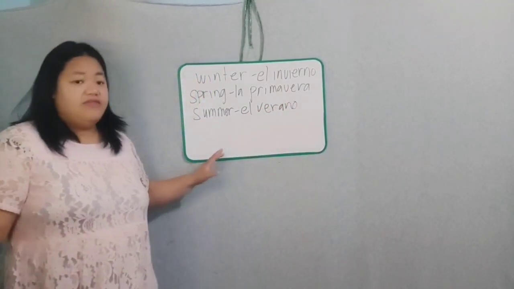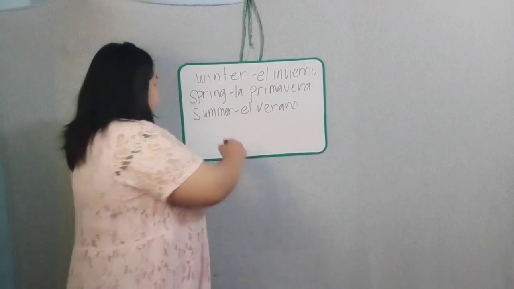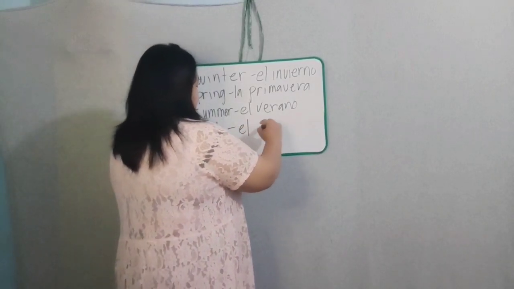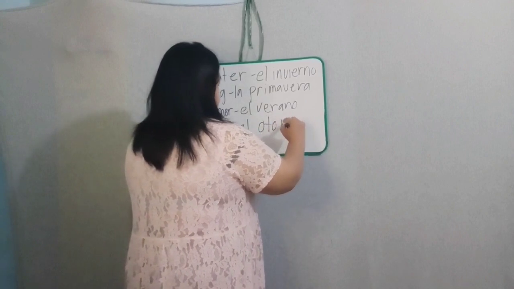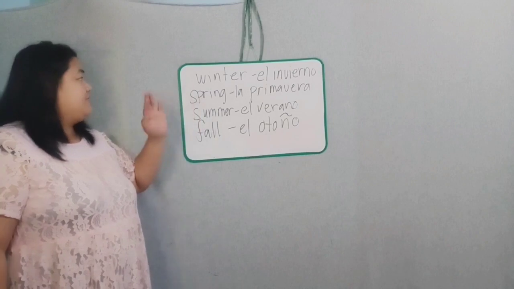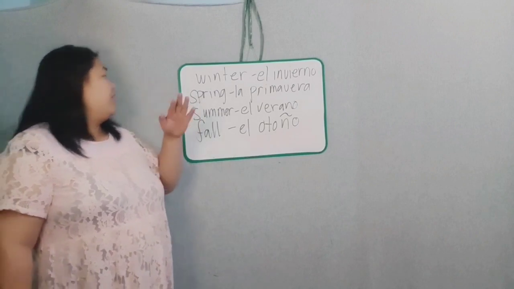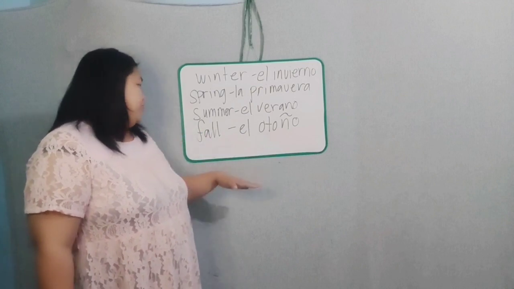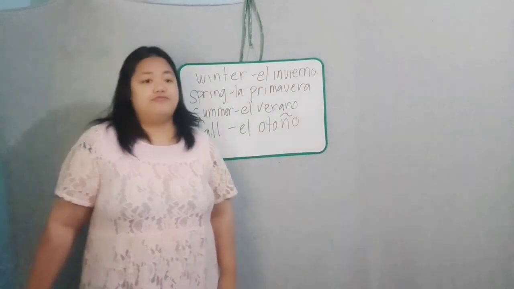So summer is el verano. Fall is el otoño. Okay, so these are the seasons of the year. Winter is el invierno, spring is la primavera, summer is el verano, fall is el otoño.